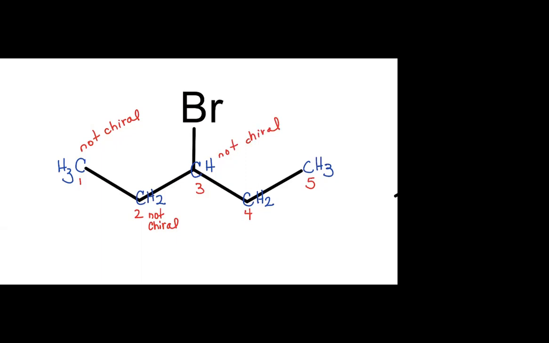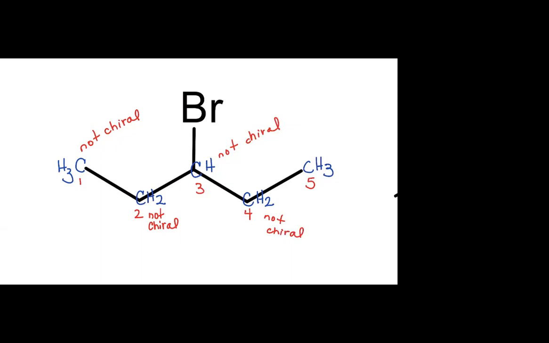What about carbon number 4? Is it chiral or not chiral? Look at what it's attached to. It's attached to a CH3, to the rest of the molecule, and 2 hydrogens. Exactly, it has 2 hydrogens. So this carbon is not chiral. What about CH3s?